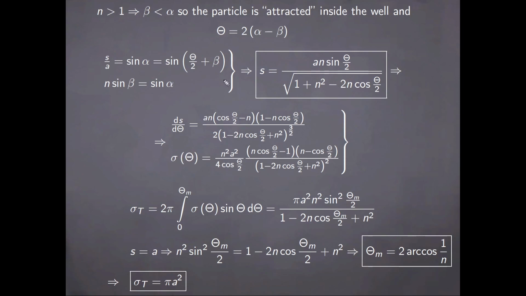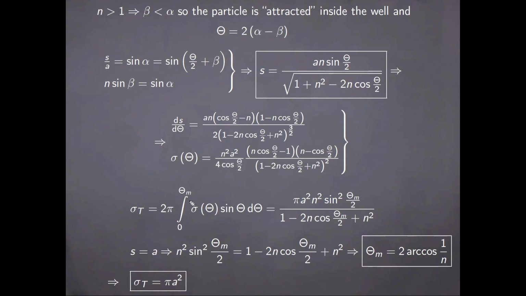So putting the two together, we can solve for the impact parameter to obtain it as a function of the scattering angle and the refraction index. And then we can also immediately calculate its derivative and the corresponding cross section. And knowing this, we can then calculate the total cross section by performing the integral directly.